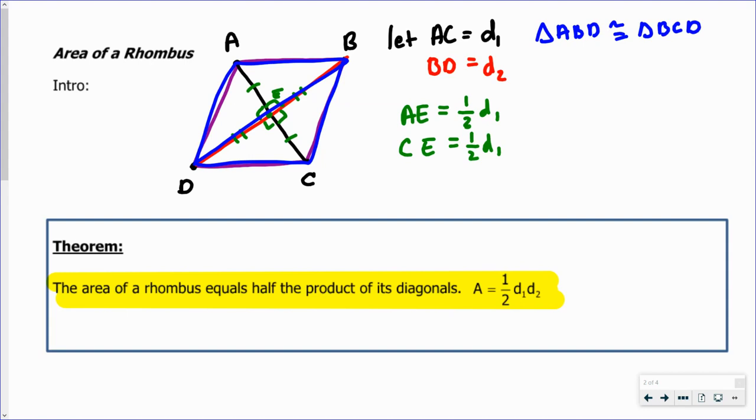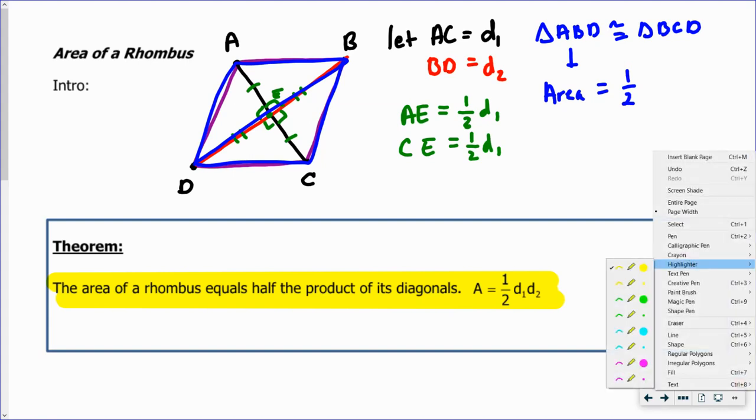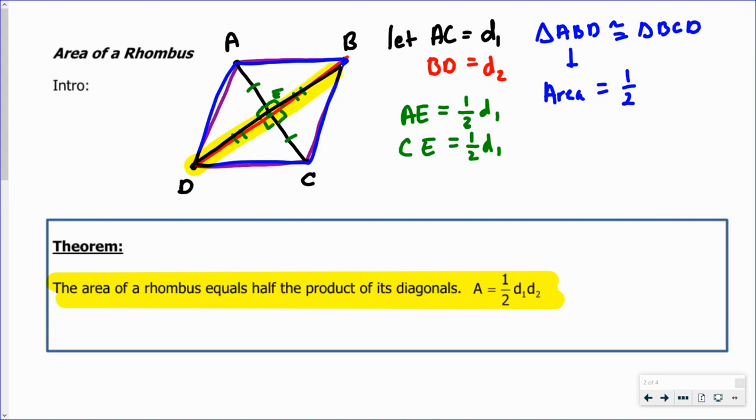So, how do I find the area of, say, one of those triangles? Let's find the area of triangle ABD. So the area of triangle ABD is going to equal 1/2 the base times the height. Well, in this case, the base is BD.